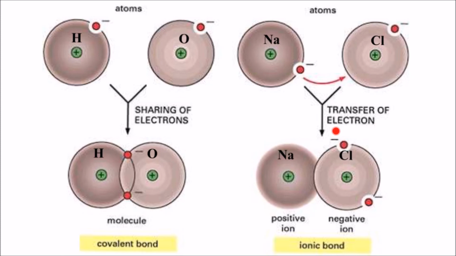It completely steals that electron. And when it does it, chlorine takes on this negative charge, sodium takes on this positive charge because it lost one of its electrons, and positives and negatives attract. So sodium sticks around. It's like the bully taking your lunch money and you chase the bully around saying give it back. That's what this is right here.